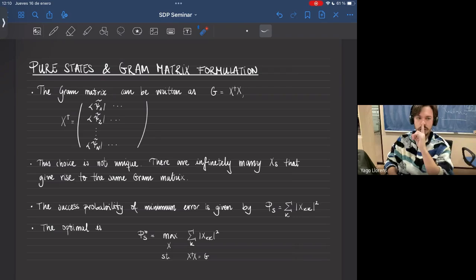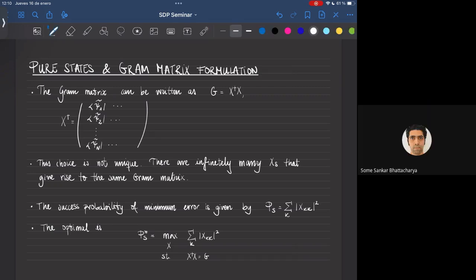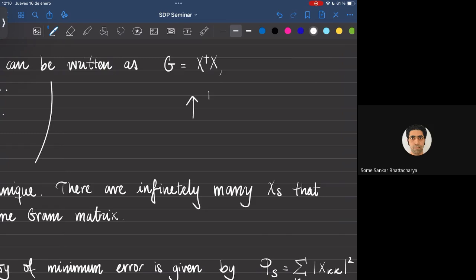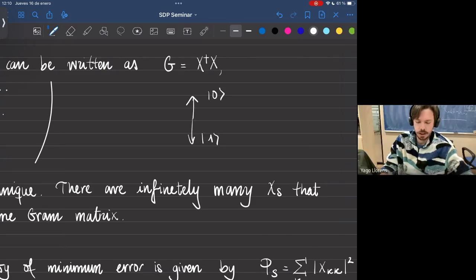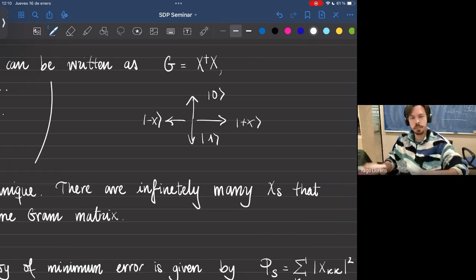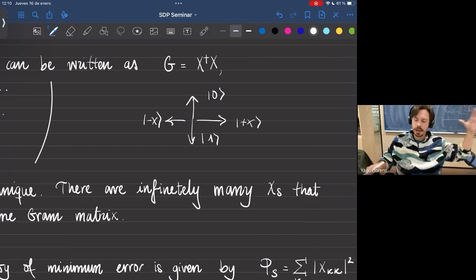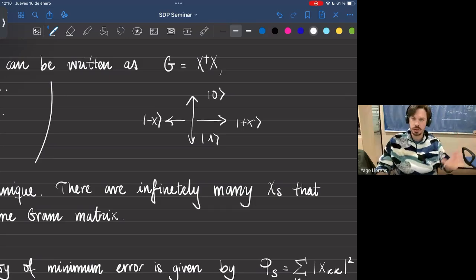No, it has not all the information about the sample, but it has all the information relevant for a discrimination task. Exactly. That is why it is a simplification when looking at this problem. For example, you could have 0 and 1, and this gives you a fairly simple gram matrix. But you could also have plus x and minus x, and this will be everything the same, apart from then converting your POVM in your representation to the actual space that you have.